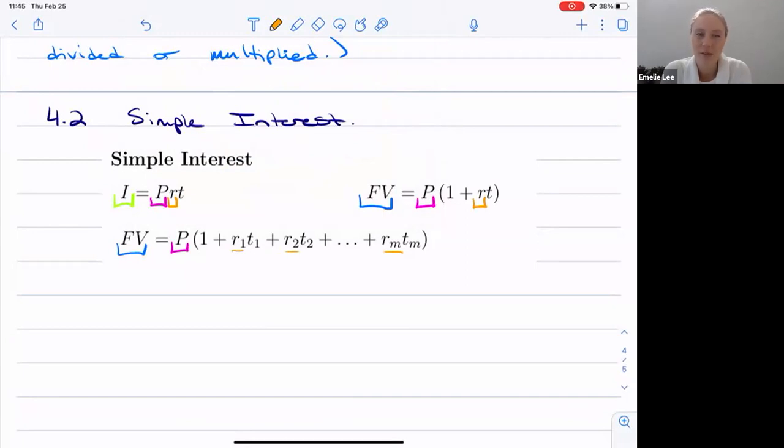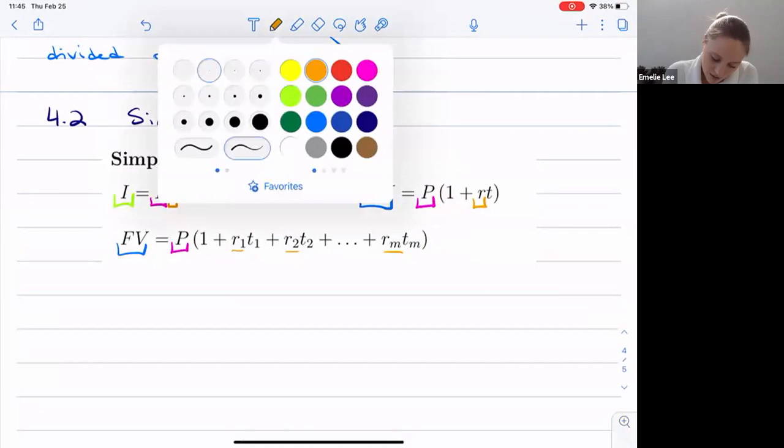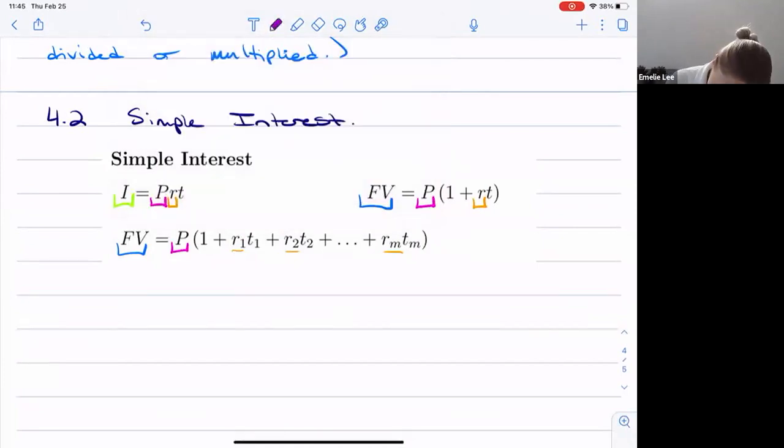Spoiler alert, those are going to be interest rates, and this is just going to be a special case of this formula here. More often than not, we're going to use this formula, but this one is just an extension of the previous one. What color haven't I used? Purple. Then T shows up here, T shows up here, and also we've got some version of T1, T2, Tm.